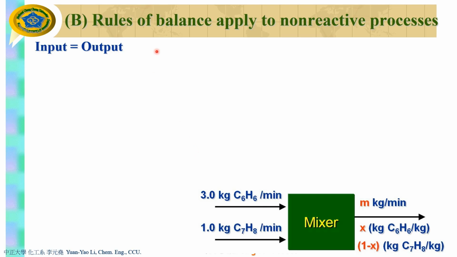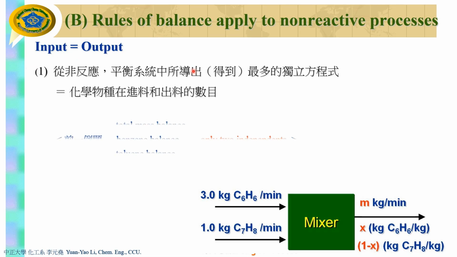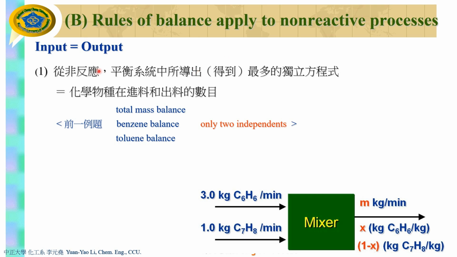Okay, so the rules of the balances apply to the non-reactive process, as you know, that input equal to output, right? So, as you can see, there are only two independent equations. You can use these two, or you can use these two, or you can use these two. You all get the same answer.